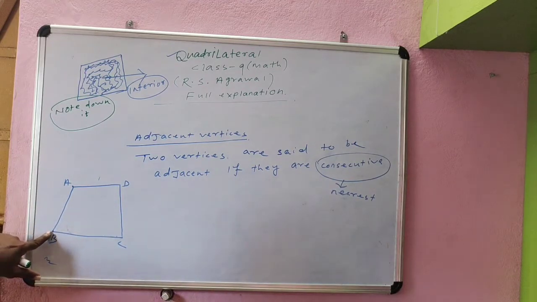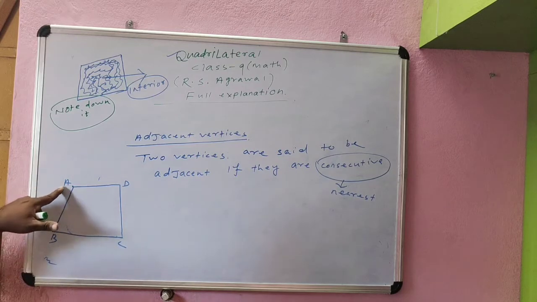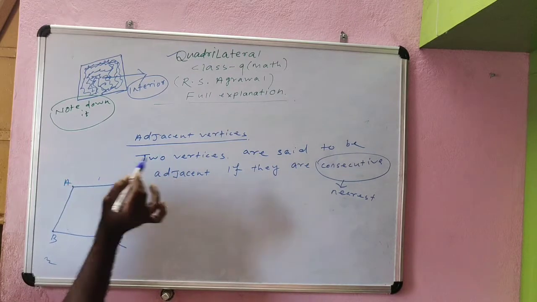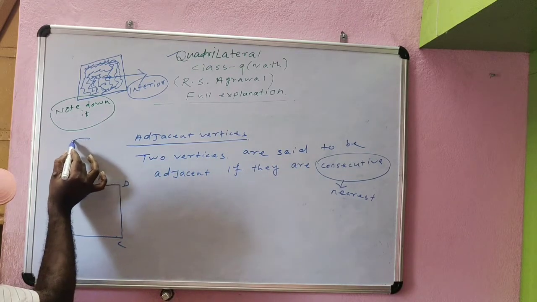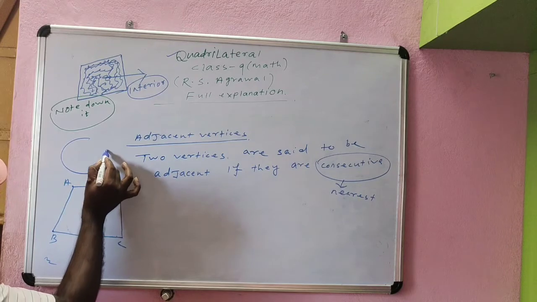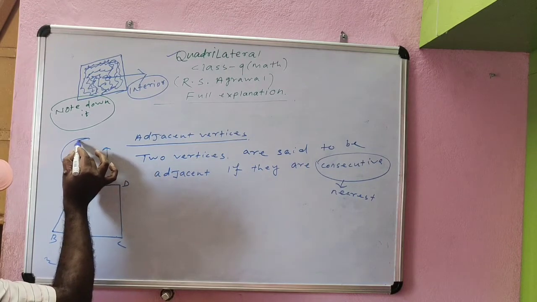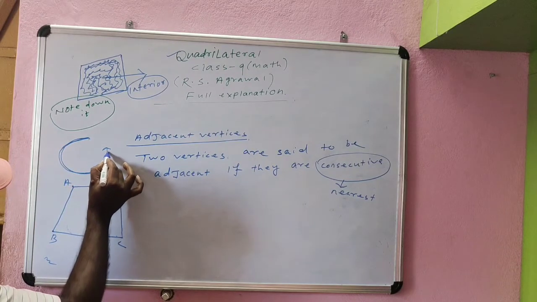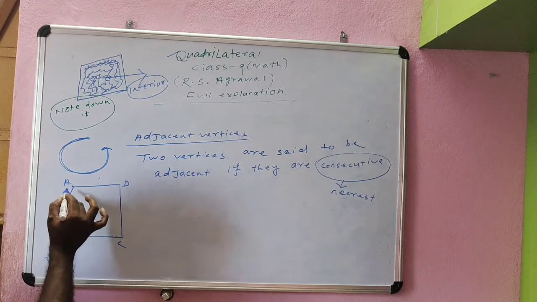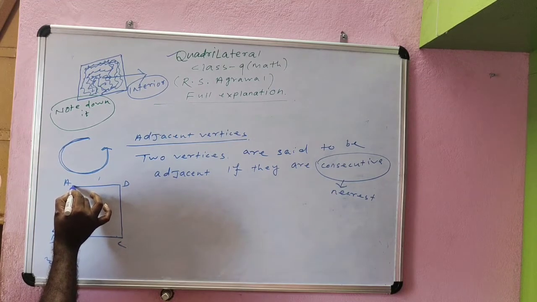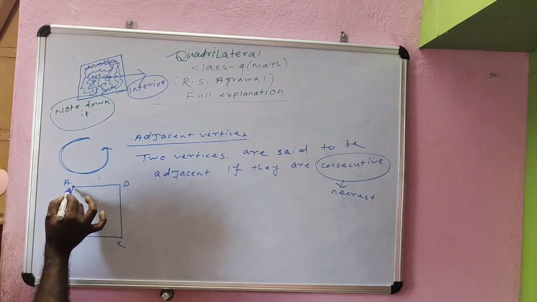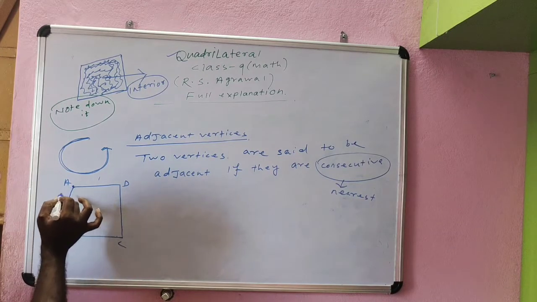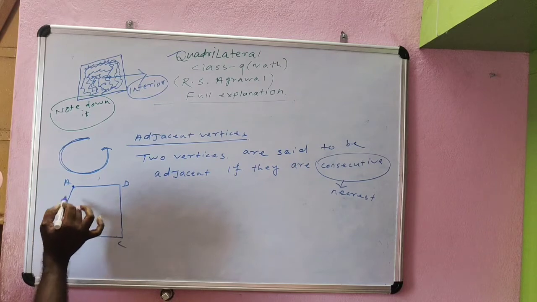Because B is the next to point A. If you move in this direction in a circular manner, then first A, then B will come. So A and B are the two consecutive vertices, so they are called adjacent.